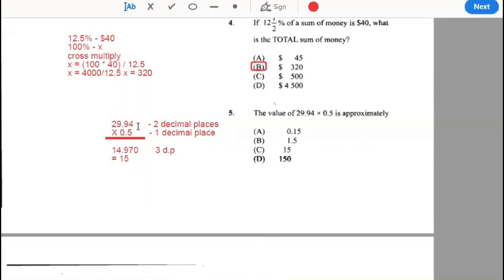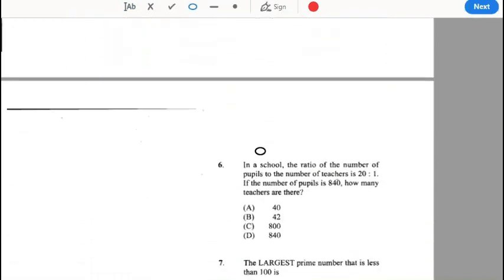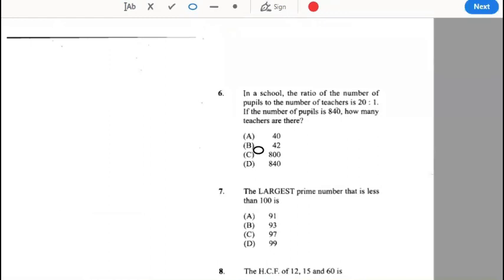So there are 2 decimal places in the 29.94, 1 decimal place in the 0.5, and this amounts to 3 decimal places, and that is how we know how many decimal places will be in our answer. And we get 14.97, and when rounded off to the nearest whole number it is 15, which is approximately what the question is asking for. So 5 is C. So we're coming along nicely.